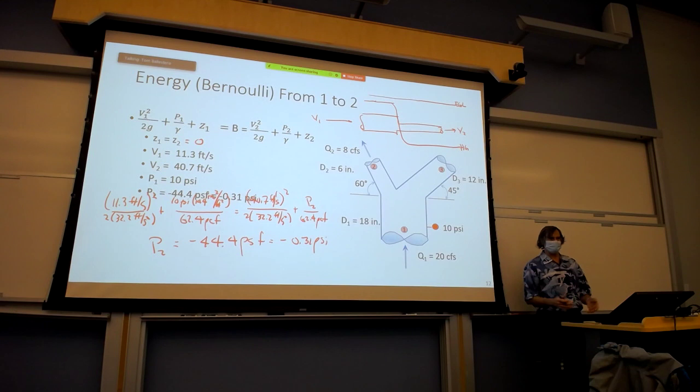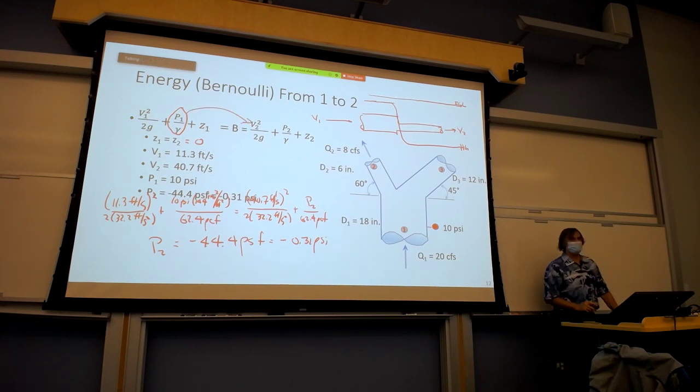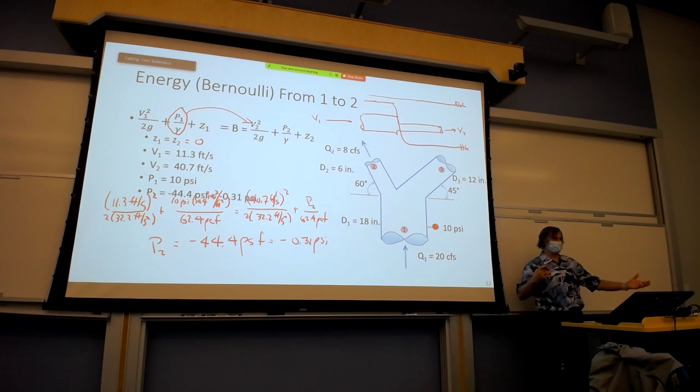That's how we got the negative pressure. Can this happen? Of course it can happen. All we did was decide to steal a lot of P1 and put it into P2.